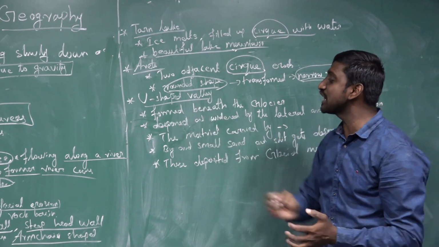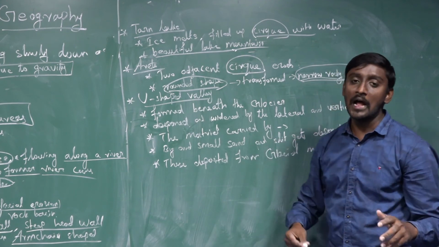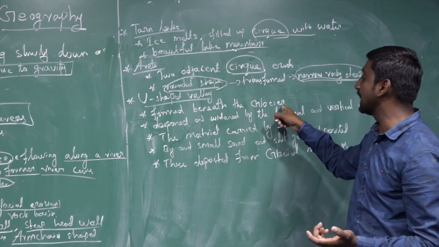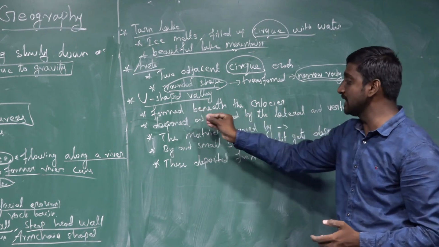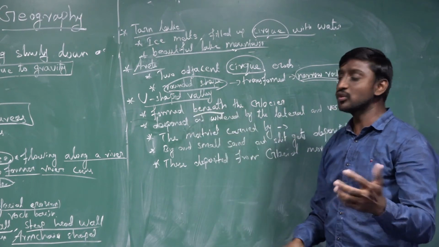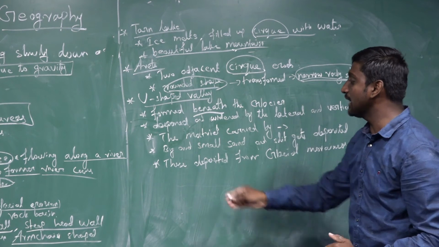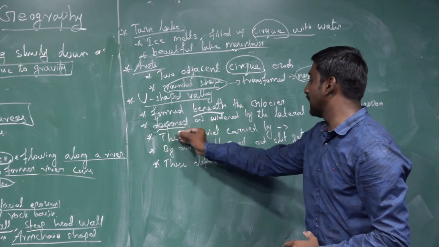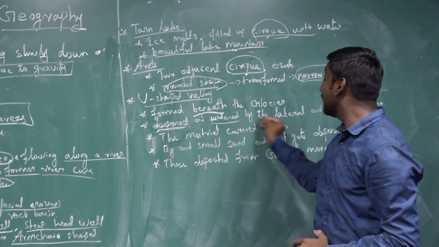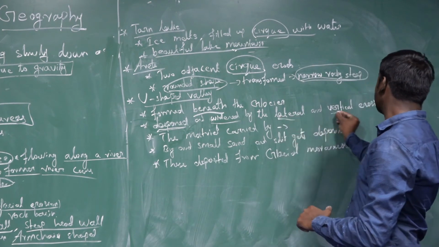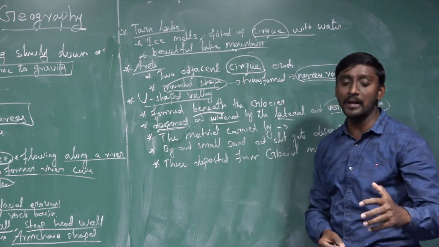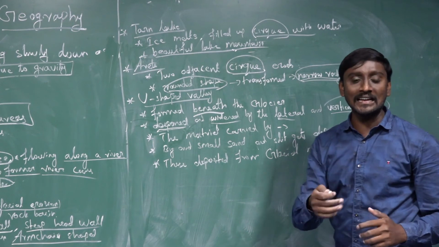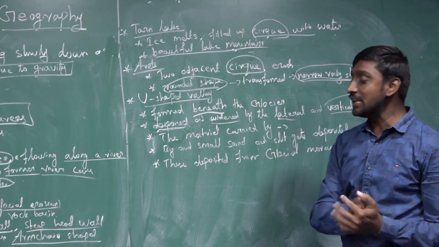Next, the U-shaped valley. It is formed beneath the glacier, beneath means under, and is deepened and widened by lateral and vertical erosion.